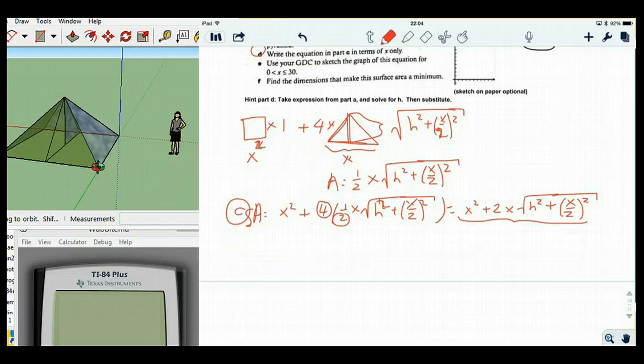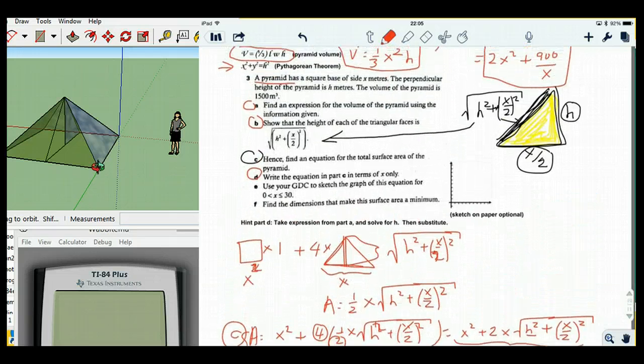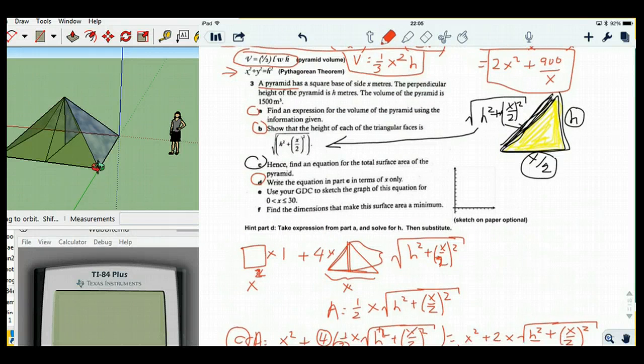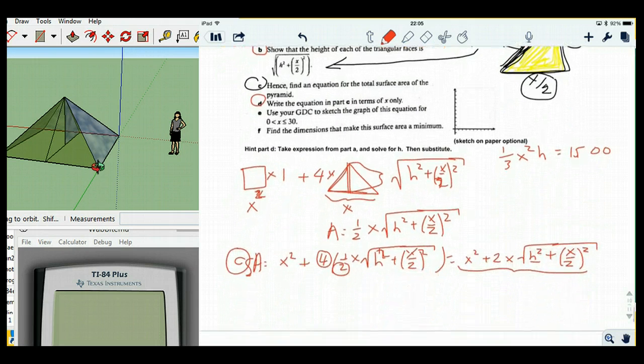Part D says to put the equation of this total surface area in terms of x only. And so we need to somehow get rid of the variable h, because that variable is not x. Now, remember that the volume of the pyramid is equal to 1500. Okay, so we could relate x squared and h through this equation, right? What if we solve for h using this equation? Then we'd have 1500 divided by 1/3 x squared.